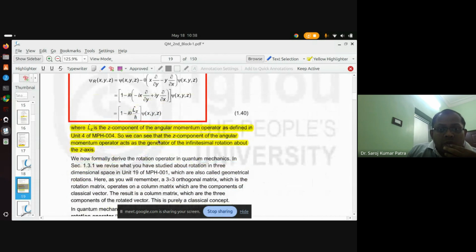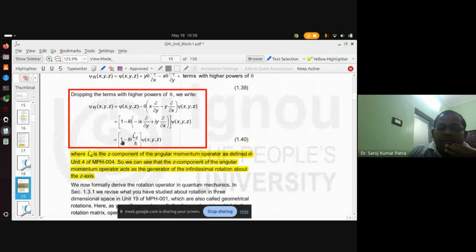So we can see that the z component of angular momentum operator acts as the generator for infinitesimal rotation about the z axis. That is very important. वहां पे क्या आ रहा था ट्रांसलेशन के टाइम 1 माइनस आई एप्सिलॉन एक्स के साई एक्स वाई जेड आ रहा था. यहाँ पे क्या आ रहा है साई आर लिया तो इफ वंस वी टेक रोटेशन एज द ऑपरेशन 1 माइनस आई थीटा, वहां पे एप्सिलॉन एक्स क्या था ट्रांसलेशन, द अमाउंट ऑफ ट्रांसलेशन.